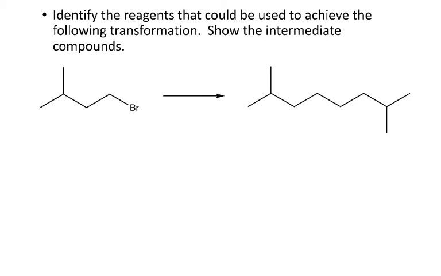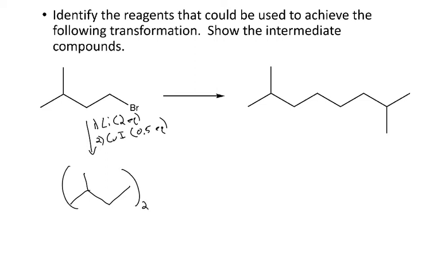And so to do that, if I react this with 2 equivalents of lithium, and then half an equivalent of copper(I) iodide, that's going to give me two of these attached to the copper lithium compound.